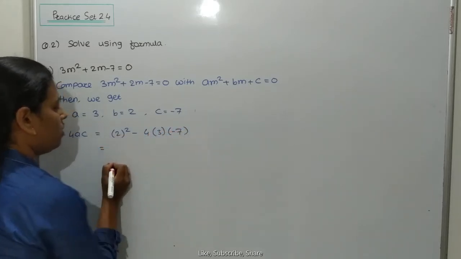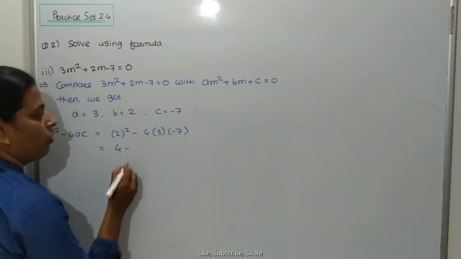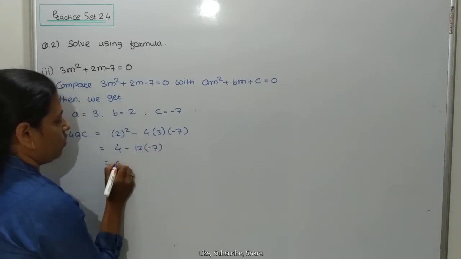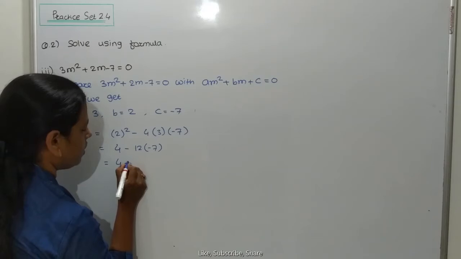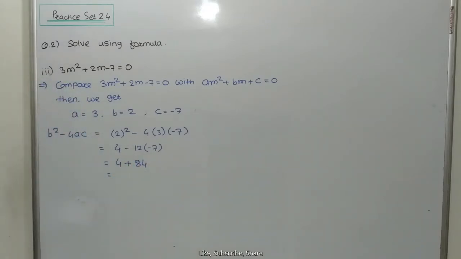So what is the square of 2? That is 4. Minus 4 into 3, 12. So 12 into minus 7, what we have to get? That is 84. But it is plus 84. Then 4 plus 84, it is 88.